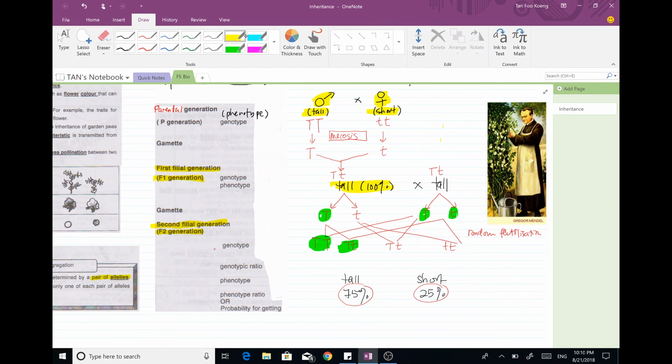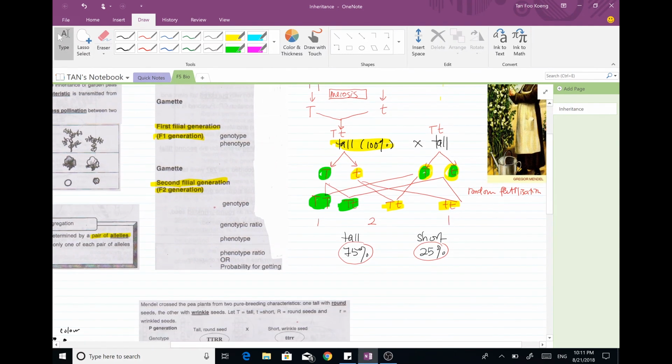On the other hand, this gamete can also pair with this gamete or this gamete, giving rise to these two genotypes. So if you look at their genotypic ratio, you will discover that out of 4 possibilities, you get 1 big T big T, 2 portions of big T small t, and 1 portion of small t small t.